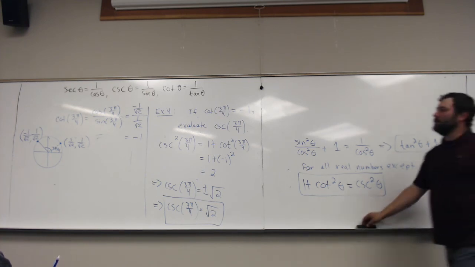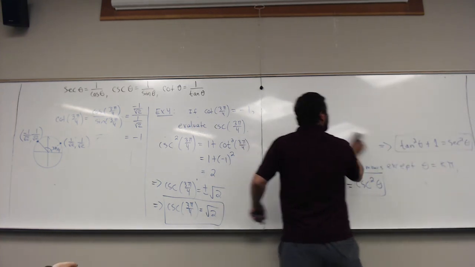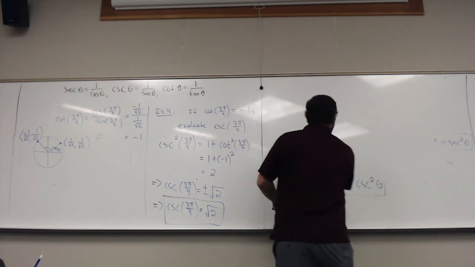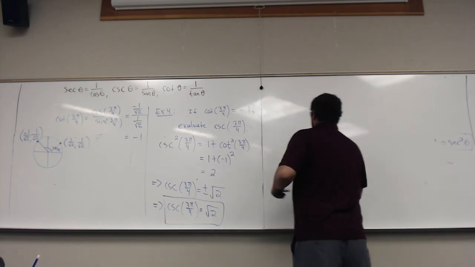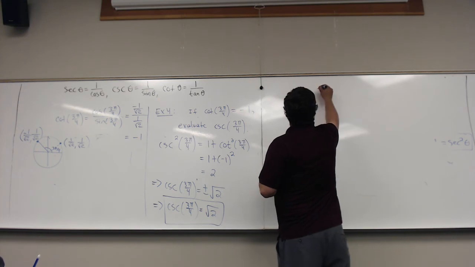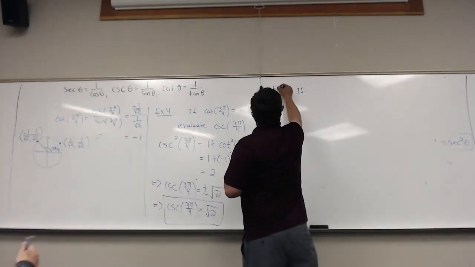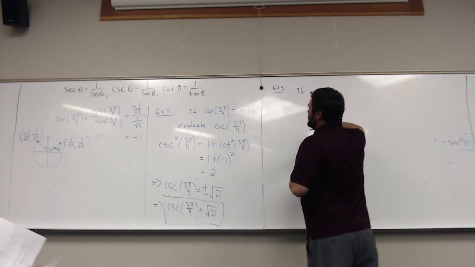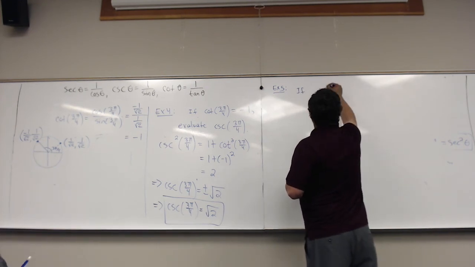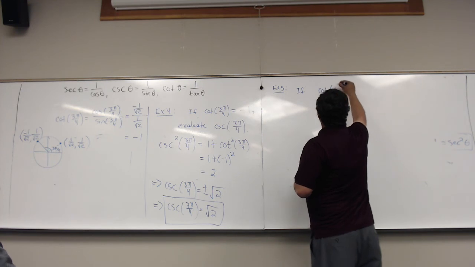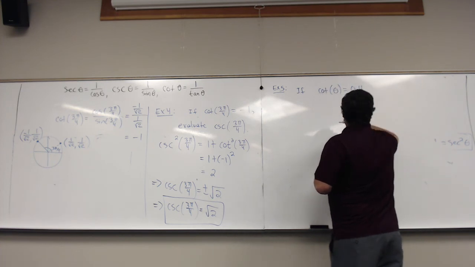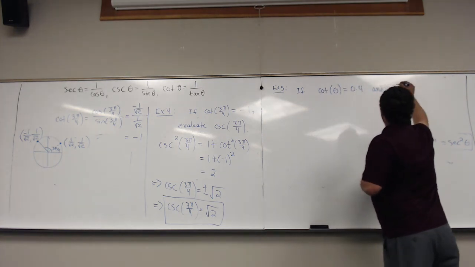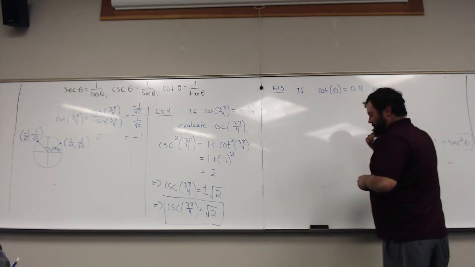Okay, so if you're going to use Pythagorean identities, the question would probably be stated in this form. This is example 5, if we want an extra example. Say cotangent of theta is 0.4, and I could say where the angle is.